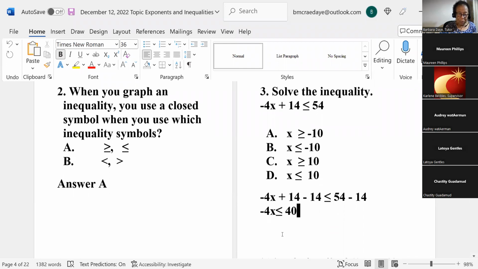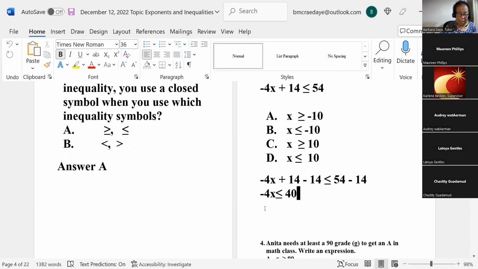Okay, now you said divide both sides by 4. No, we've already subtracted the 14, and now we divide both sides by, that's a negative 4, isn't it?